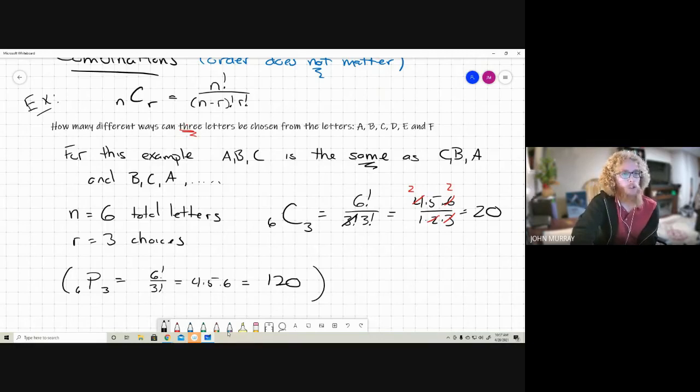Because A is first, B is second, C is third. Here, C is first, B is still second, but A is third. Those two are different, even though they have common terms. So the combination aspect narrows it down because we don't care about the order of things. On the other hand, with permutation, because things have to be specifically placed in specific positions, that gives us more options and more separate outcomes.